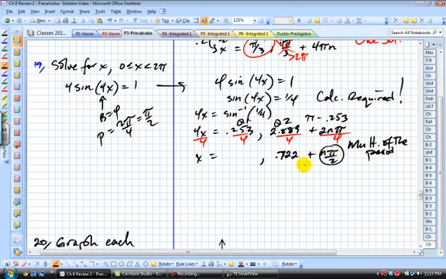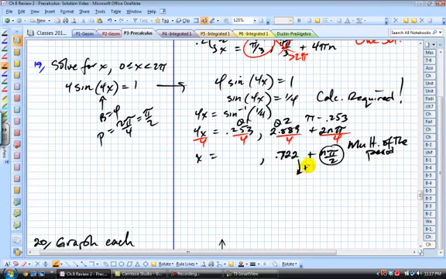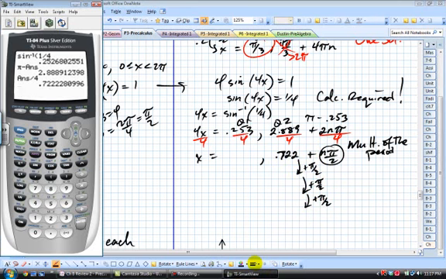Then I've got to add this pi/2 repeatedly here. And I might as well just work on this one here. Might as well just add pi/2 now and then add pi/2 again. B is 4, so I'm looking for 8 solutions. So let's do that.